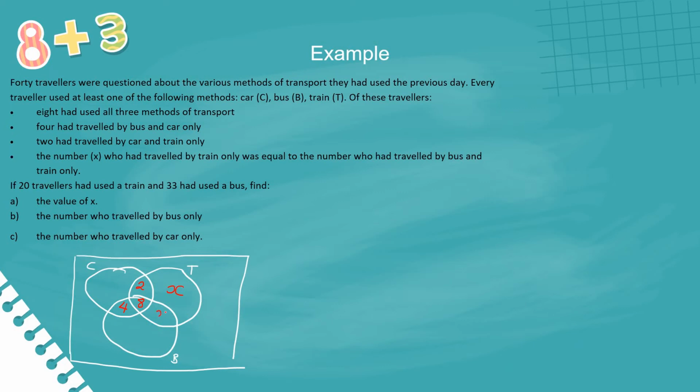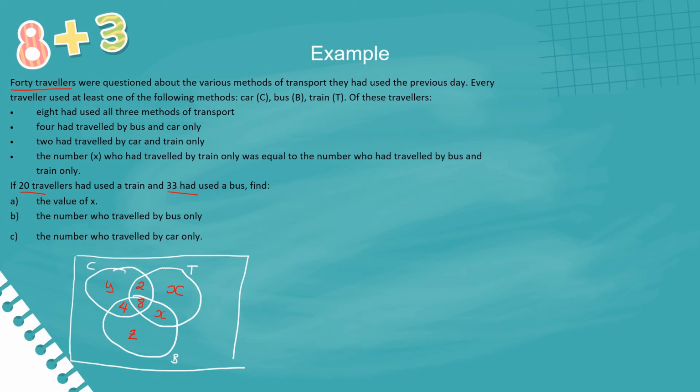Train only is here, is X, and bus and train only was also X. Now when you're doing this, once you put in the values, I suggest you use other letters, other pronumerals, for any other unknowns. Sometimes it might even end up that you have simultaneous equations to solve. And we've got some information here. The other information we haven't used: 40 travellers altogether, 20 used a train, 33 used a bus.